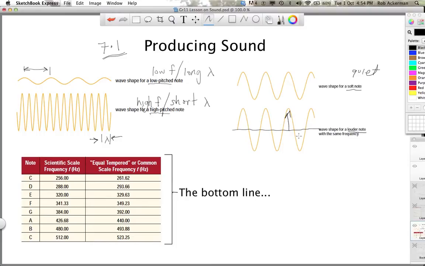The amplitude going up or going down from the equilibrium position to a trough or up to a crest is larger in a loud note than it is in a quiet note. So loudness is an amplitude idea, whereas pitch is a frequency or wavelength idea. And once again, I think you knew these, which is why I'm going through it fairly quickly.